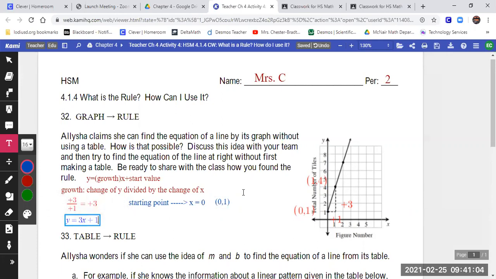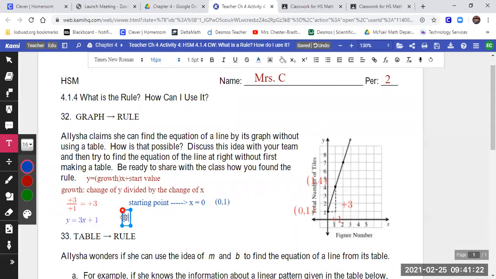Okay, now we got to do the sentence part of this because they asked, how is it possible to get an equation from a graph without having to make the whole table? What pieces of information did we need to know? To get the equation from a graph without a table, what do we need to do?